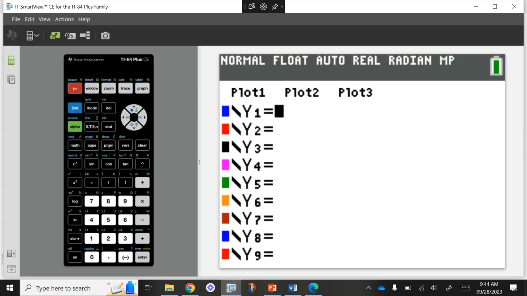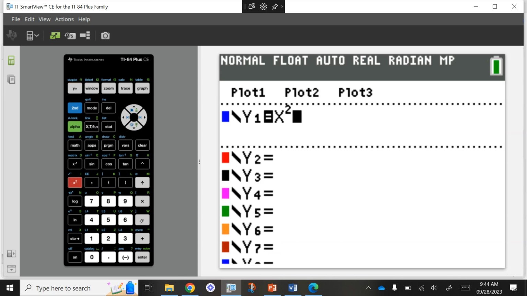We push y equals. It's already equal to 0, so we're good to go. I have it in standard form. I don't put equals 0 in the calculator; you can't. This is going to graph the whole thing.